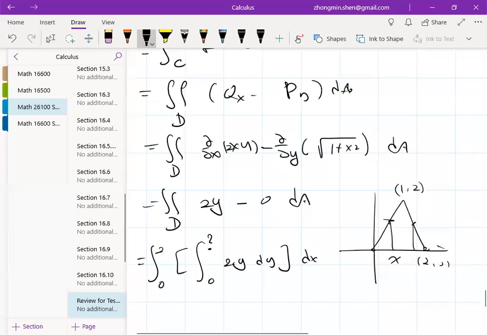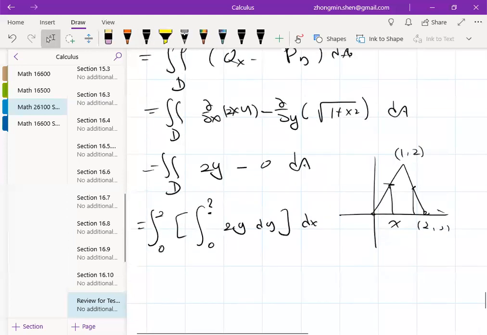It depends on x, and it also depends on the line. So the first line is clear: y equals 2x. The second line should be y equal to negative 2x plus some number.